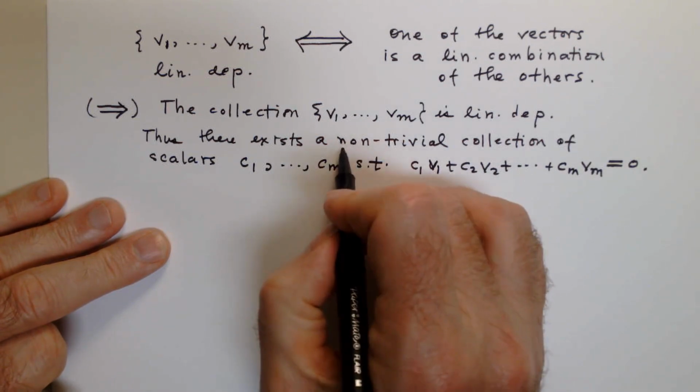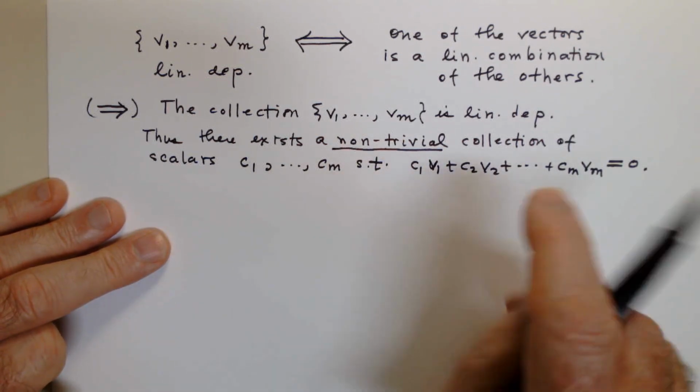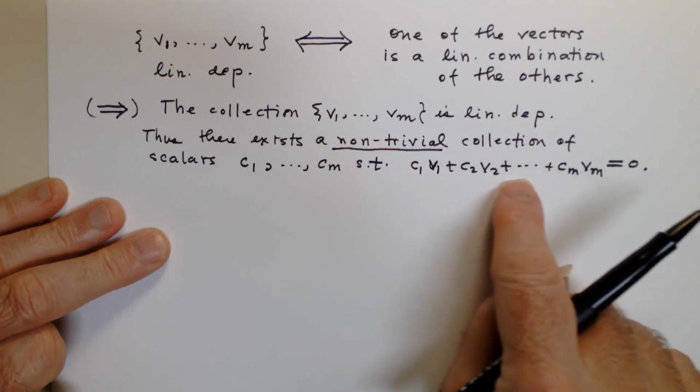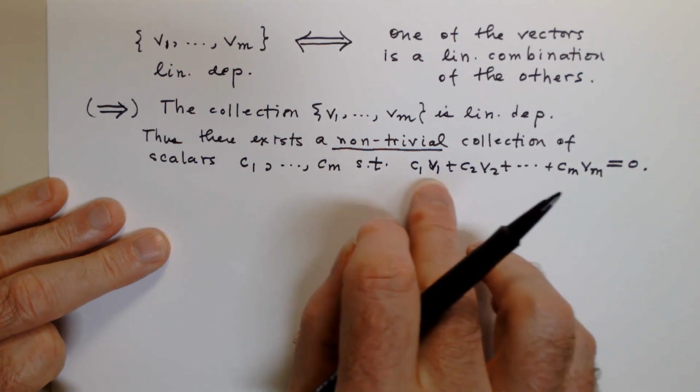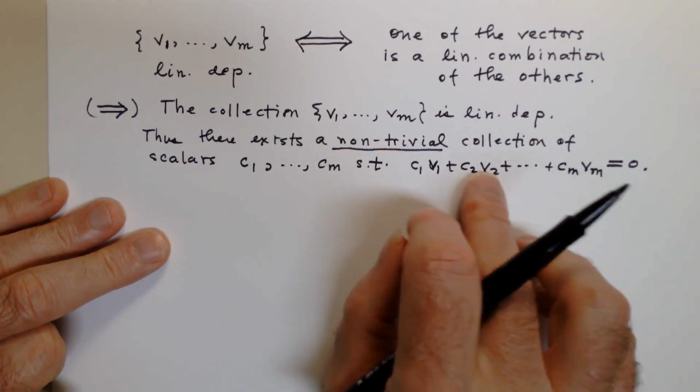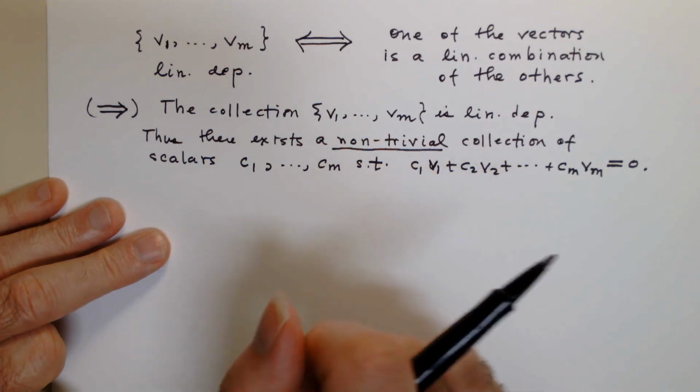Okay, now I want to emphasize this word non-trivial. Obviously, these scalars could all be chosen to be zero, but that's not what we're doing here. We're saying that at least one of these is different from zero. So one of these coefficients is different from zero.